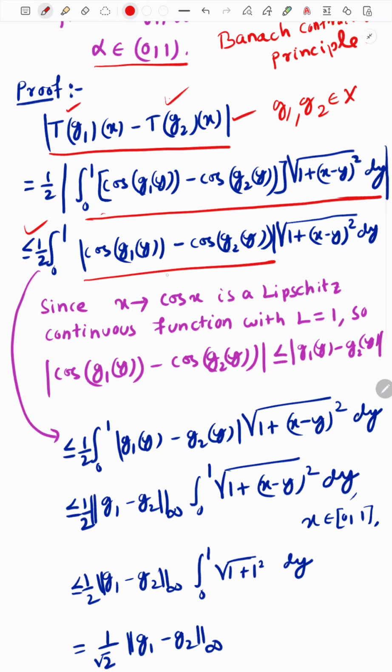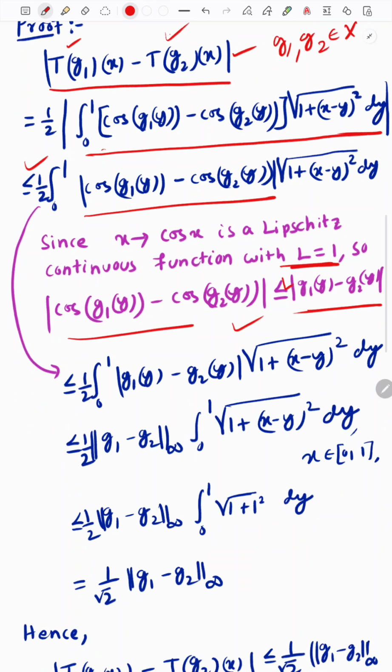But this cos function is a what function? It is a Lipschitz continuous function with Lipschitz constant 1, so it satisfies this relation. It is the definition of Lipschitz continuity. Here L is coming, but L is equal to 1, so it gives this one. Applying this inequality in this expression, we get this inequality.